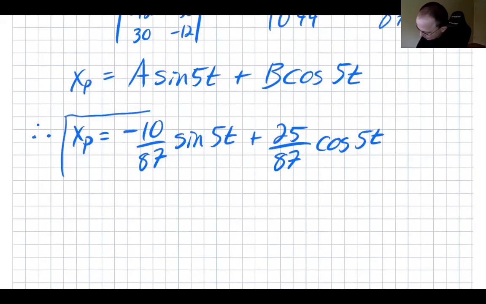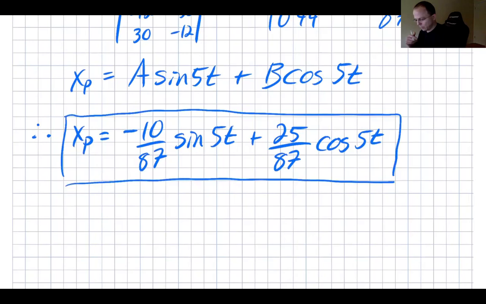All right. So there is our particular solution. And I think we're going to want to write this in sort of the standard form. So we'll do that in a sec.